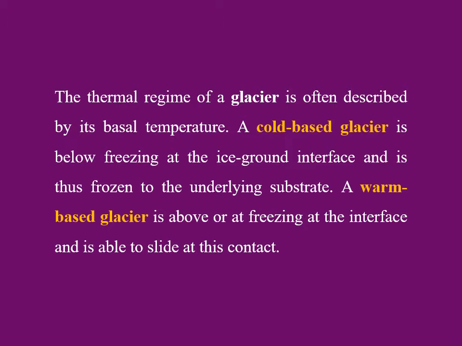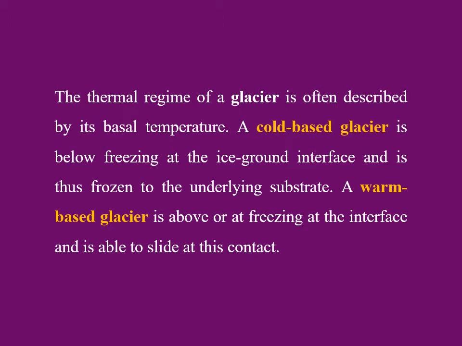The previous classification was based on the morphology, or you may say the areal extent in which the ice masses are found. Another classification of glacier was done depending on the thermal regime, and depending on thermal regime, there are two types of glacier found in nature.